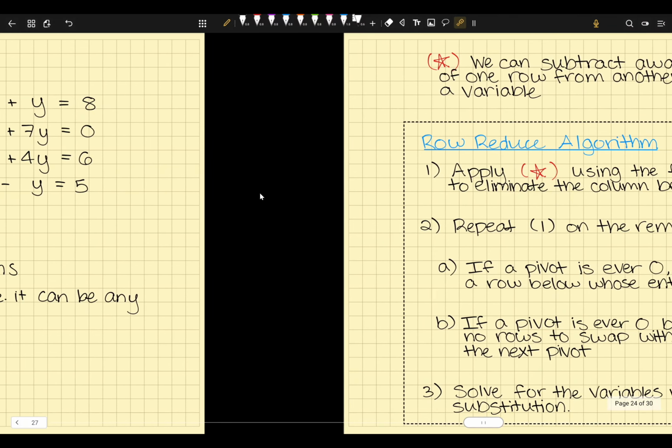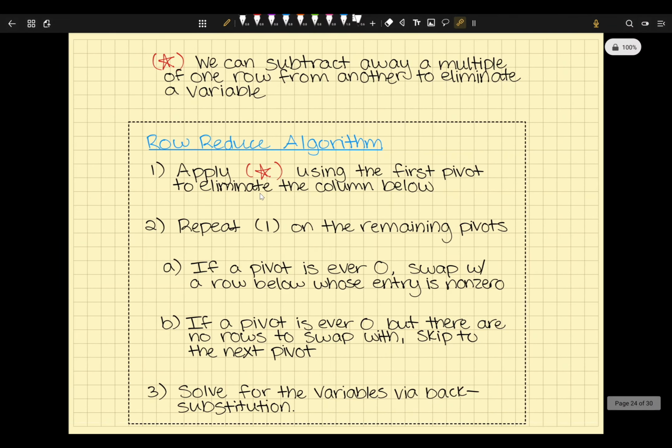All right, so this is our completed algorithm. There are no more edge cases, I claim. But maybe it's worth thinking about why there aren't any more. But this is what we do. We made this observation that you can eliminate a row by subtracting a multiple of one row from another. And then we just repeatedly do this on all of the pivots.